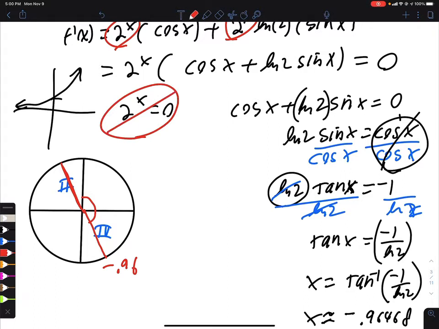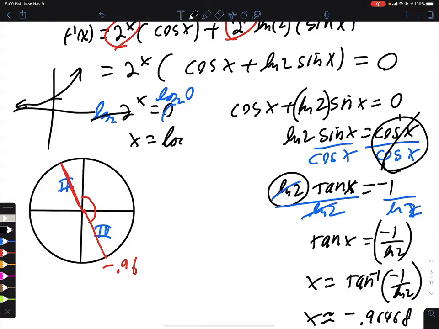The other way you could have done this is taken log base 2 of both sides to get rid of the 2. So I could have log base 2 and then log base 2 of 0. The log and the exponent base 2 cancel, and we get x equals log base 2 of 0, but the log function does not exist at 0.